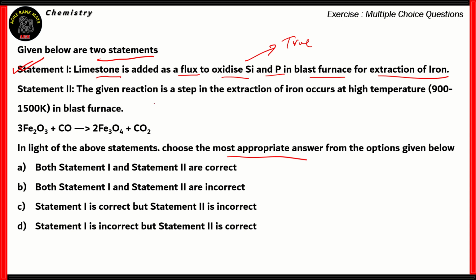Now statement 2, we have a reaction given. It's a step in the extraction of iron and it occurs between 900 and 1500 degrees Kelvin. Now the reaction that we have is iron 2 oxide plus carbon monoxide gives iron 3 oxide plus carbon dioxide.